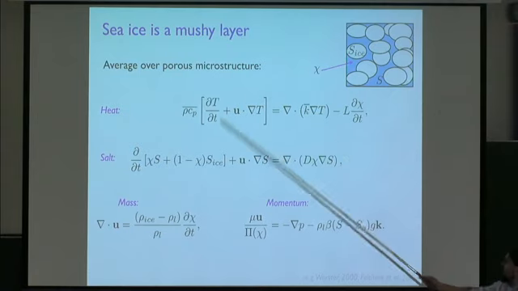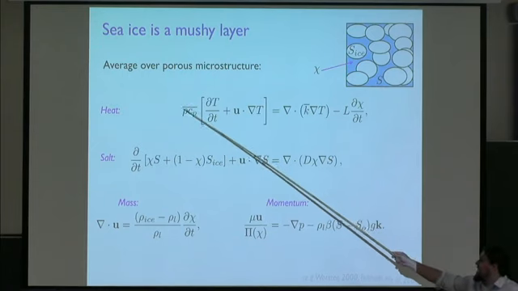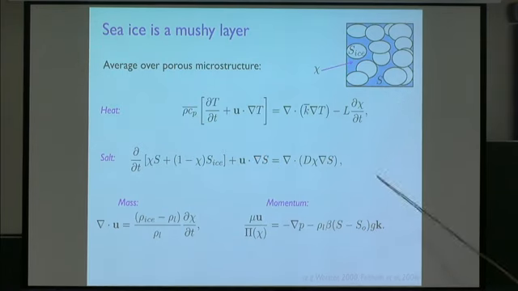So you can phase average your heat equation, so you pick up phase average properties weighted over these two phases. As this liquid fraction changes as you start to solidify, you either have a release as you're solidifying or a loss as you're melting or dissolving of latent heat.